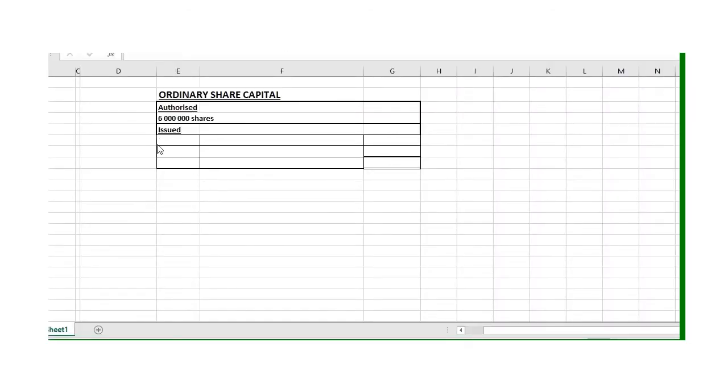So it's going to have a first column where we put in the number of shares, and the value. To that, we're going to add whatever number of shares were issued during the year with the value, and we will deduct whatever shares were bought back with the value, and that will give us the number of shares in issue at the end of the year with the value. So those are the things we're looking for. With this one, there's one line not there, so maybe they did not issue or did not buy back shares, but we'll find that when we do the actual question.